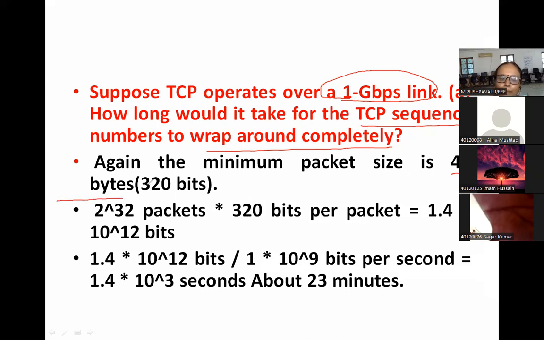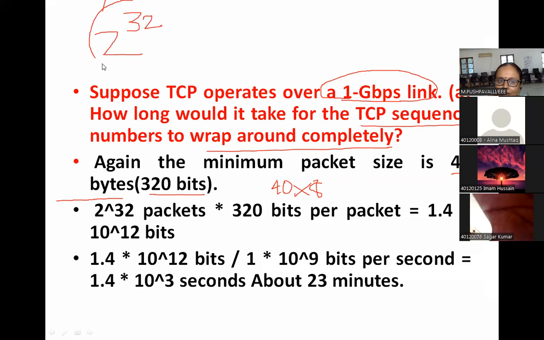So 40 bytes, now while calculating, 40 into 8, 320 bits. You all understand that I'm taking 1 Gbps, and my TCP sequence number 2 power 32. So the maximum sequence number is 32 bit only.